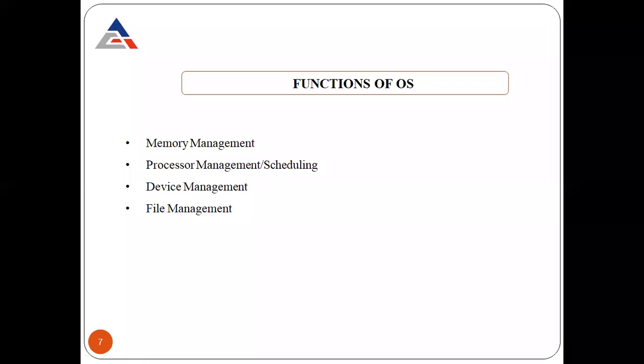After features, we start with the functions of the mobile operating system. Some of the functions are memory management, process management, device management, and file management. As the name specifies, memory management is how to utilize the memory in such a way that we always collect whatever empty space is available in the memory and use it for future use.